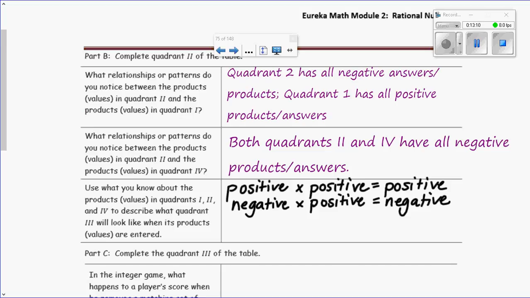And then we saw in quadrant 4 that a positive times a negative also gave us a negative answer. So now we're going to predict what will happen when we have a negative number times a negative number.